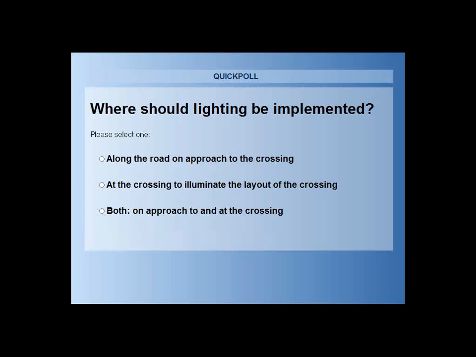So the question is, where should lighting be implemented? We'll leave that open for just another couple of seconds until we get everyone's votes in. I can see that just about everyone has voted now, so I might just close that and share the results.